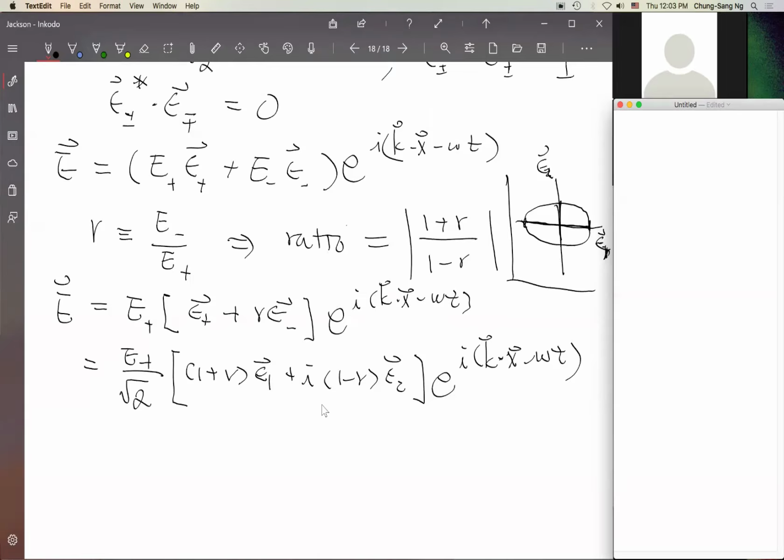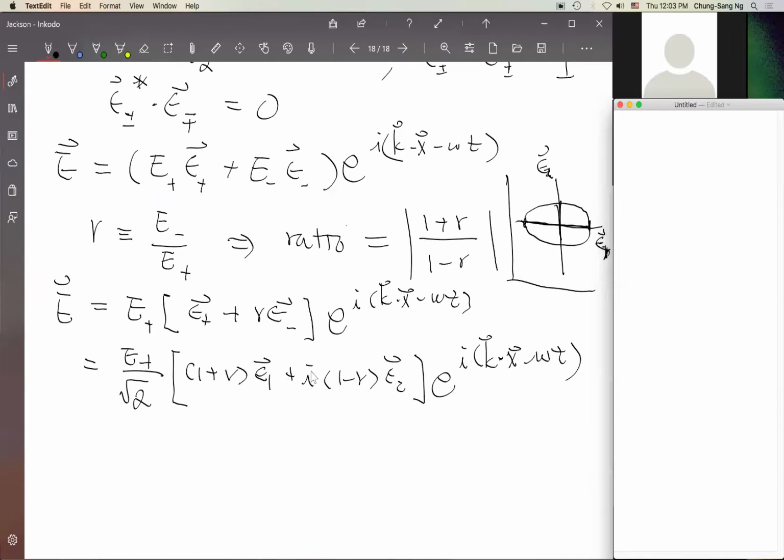equations. Okay, then we can now express that as E1 or E2, or let's see what notation Jackson used, or EX and EY. So if you take that, for the special case, R is real.